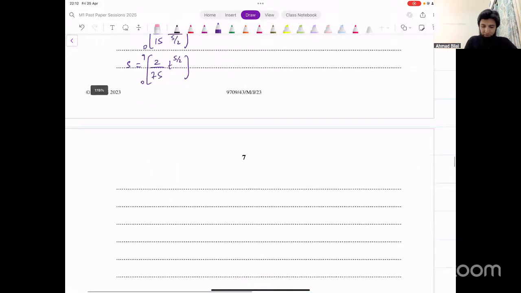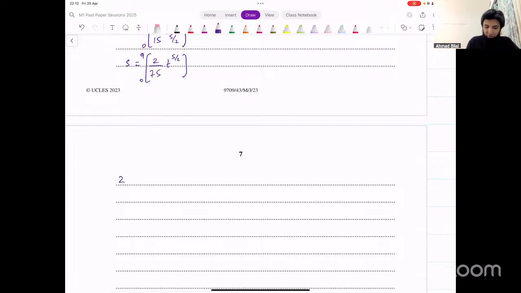We have more space to answer. So we have 2 over 75 into 9 raised to power 5 over 2 minus 2 over 75 into 0 raised to power 5 over 2.